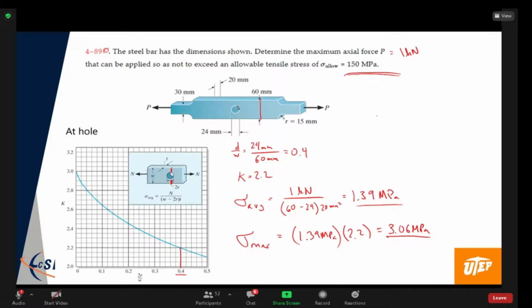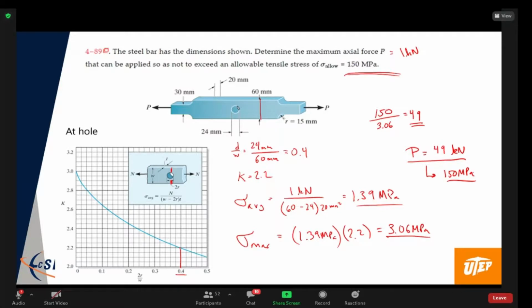So in this case, 150 over the 3.06, that gives us a value of 49. That means the stresses can be 49 times higher, or in other words, the force could be 49 times higher. So if the force P equals 49 kilonewtons, at that point, that's going to give me a max stress at that hole of 150 megapascals. So exactly at the allowable limit.